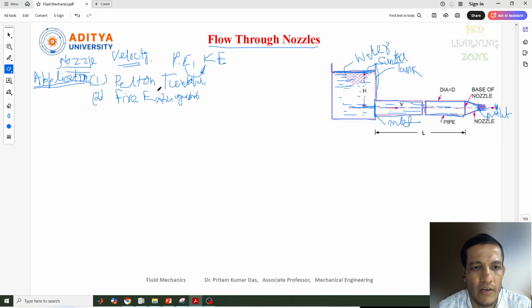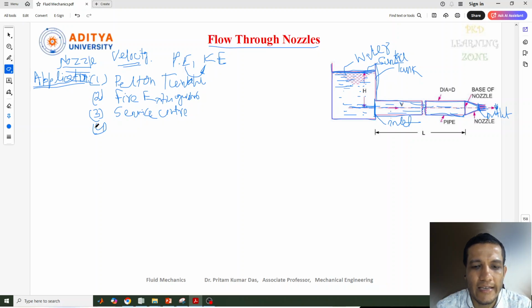Apart from that, we can use it in many places to increase the velocity of the fluid. Again, a simple example as I told you at the start is a vehicle service center or washing center, a washing point.